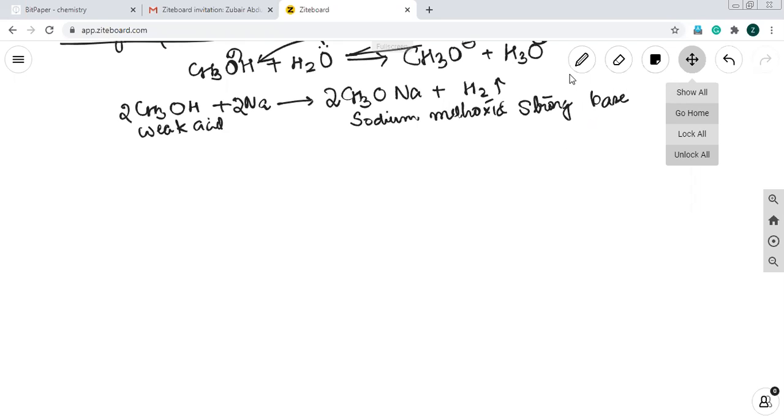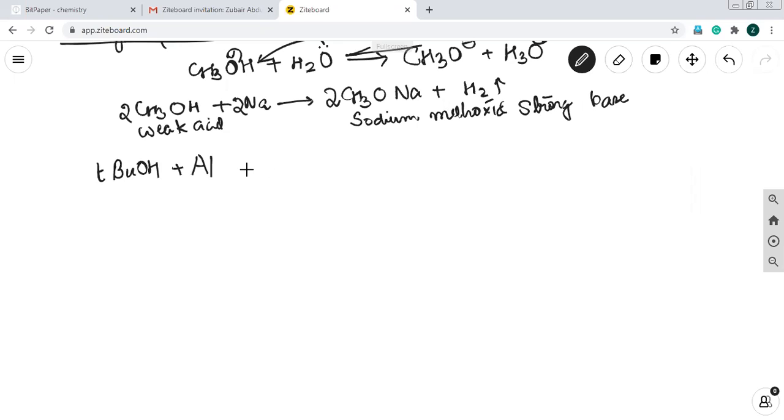Now, suppose I take a tertiary butyl alcohol and react with aluminium. What product do you get?